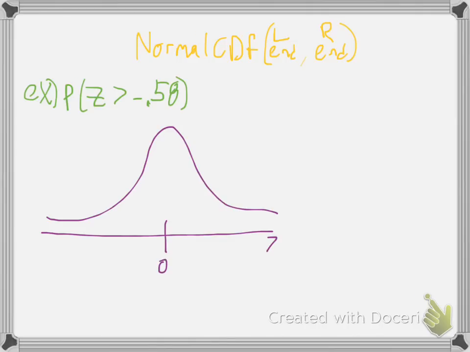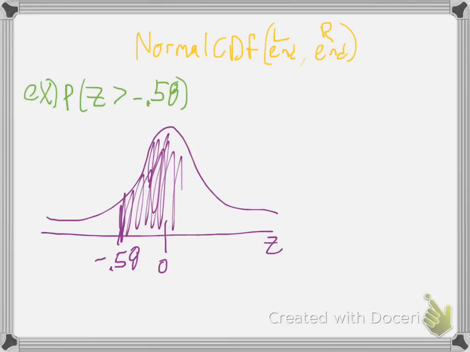Negative 0.58 is somewhere here on the left. We want the area to the right of that number, and this area goes off to the right, so the right end would be positive E99, positive infinity.